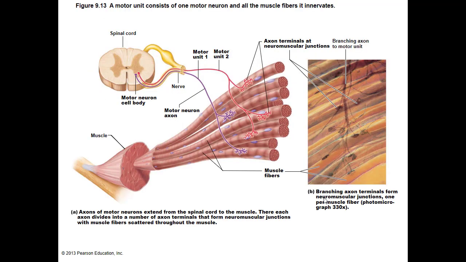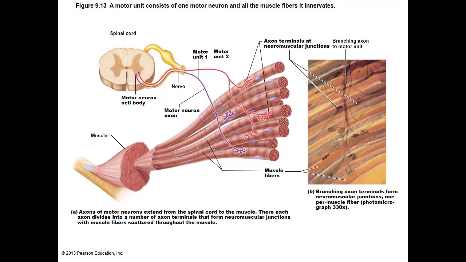If we look at just these 2 motor units, knowing that there's a whole bunch of other motor units to control all the other fibers in there, we don't want all the motor units to contract at the exact same time. We'd like this one to contract, and then a split second later this one, and then a split second later another one. If all of them contracted at the exact same time, you would constantly be walking around like this. You'd have twitches everywhere, and you wouldn't have nice control.